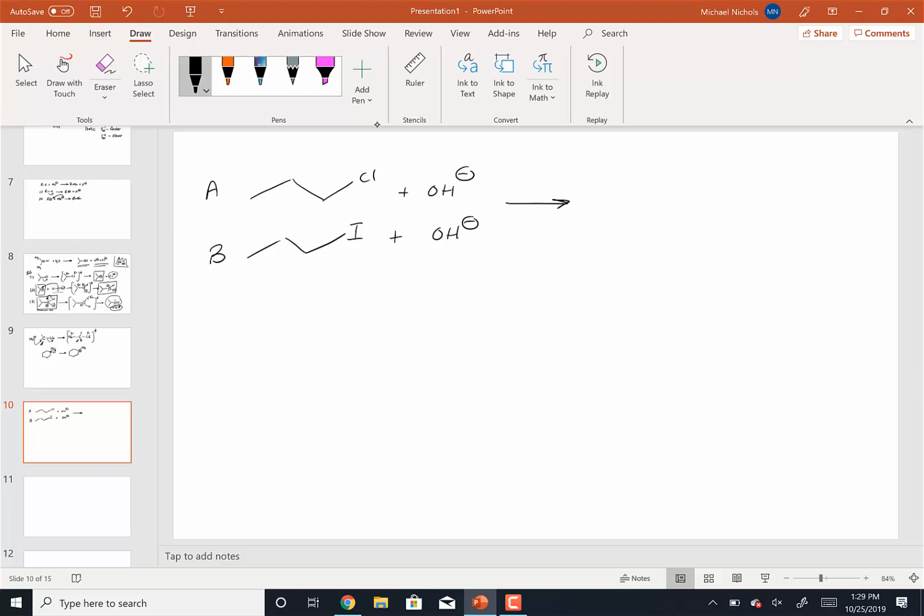A or B, or C, they react at the same rate, or D, don't know. So which of these two reactions, A or B, reacts faster? Or do they react at the same rate? Or, don't know. I'll give you a minute to think, discuss, and then we'll vote.